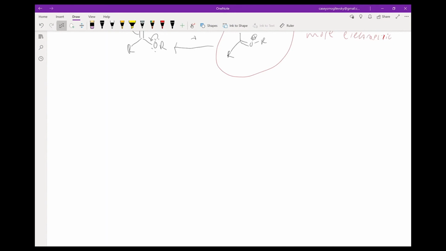So aldehydes, R equals CH, some sort of carbon group, or it can just be another hydrogen in the case of formaldehyde. And ketones look like this. They have two carbon R groups on them.